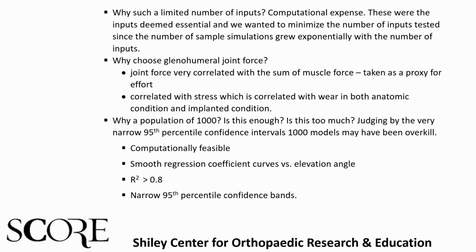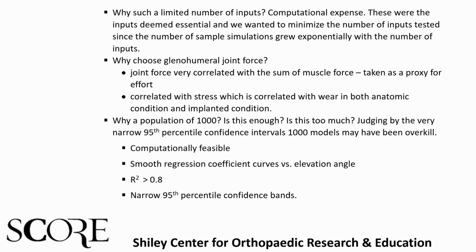We chose 5 input parameters because we felt those were the most important. I think height and weight and the radius of curvature of the humeral head and the acromiohumeral interval are pretty obvious choices for a shoulder model.